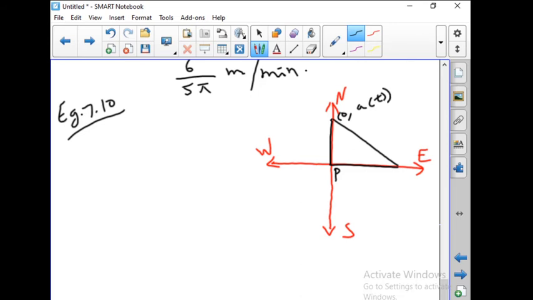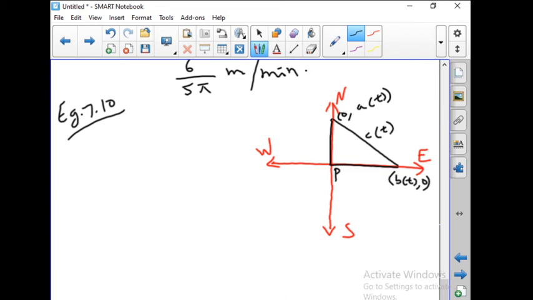So if you take this as A, this point will be 0, A of t. Okay, because it is given in terms of t, we are taking it with respect to time. So if you take this point as B, that is B of t, comma 0. Okay. So now this is a right angle triangle. So you take this as C of t.